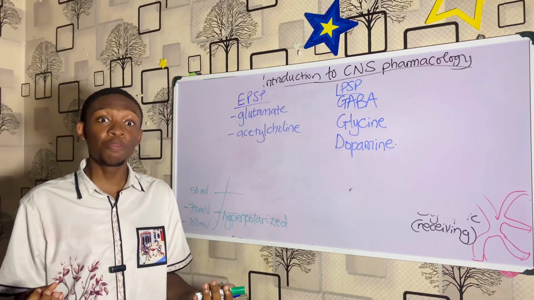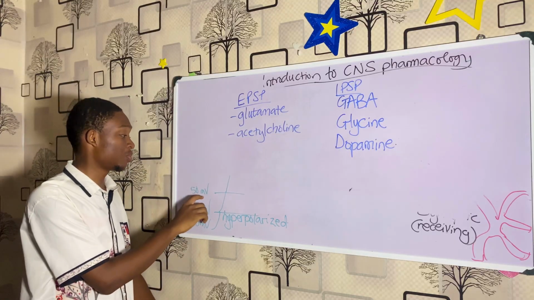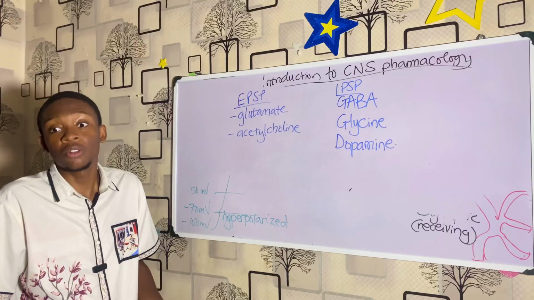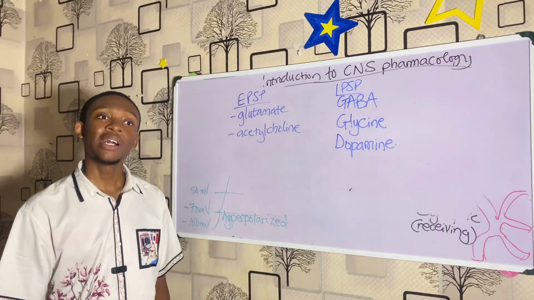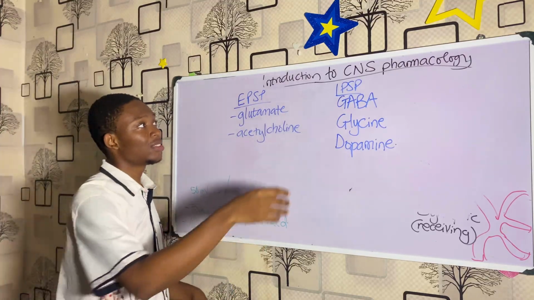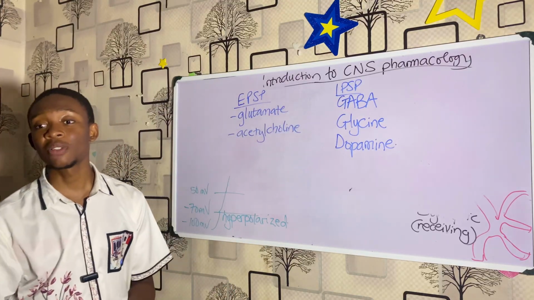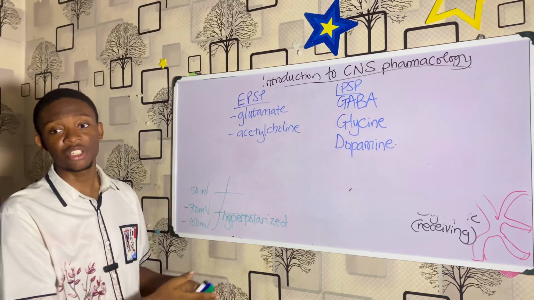So at the end, there will be a more positive potential, but it may not be high enough to reach the threshold. So the cell may still not fire. And in some other cases, the excitatory postsynaptic potential is way higher, and there is little or no inhibitory postsynaptic potential, and the overall effect would cause excitation, would cause an action potential.